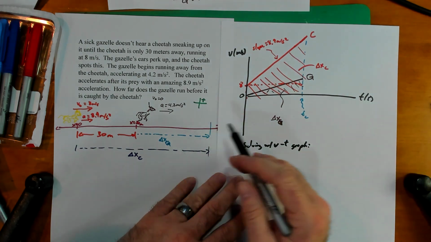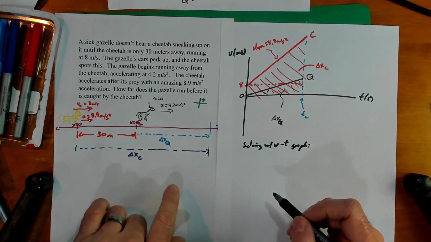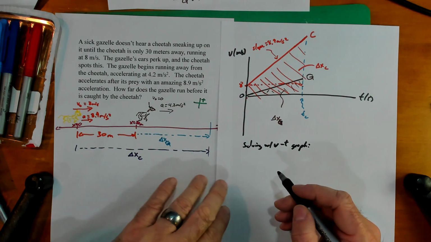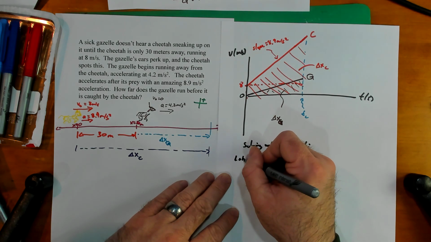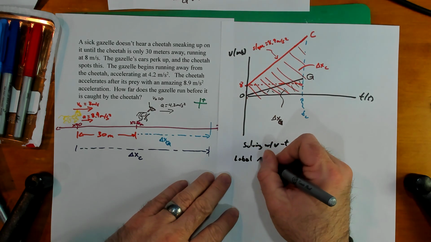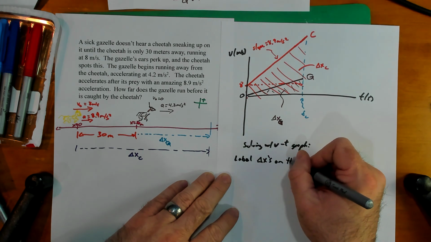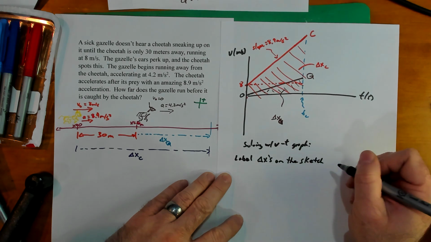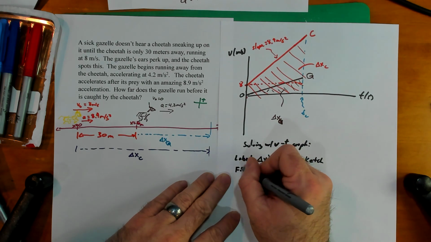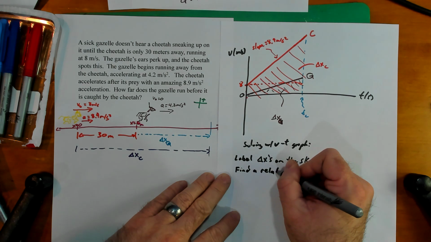Again, same as before, we draw the sketch, drop in the position axis, and so on. But we make sure that we label our displacements. And then we need to find a relationship between the displacements.